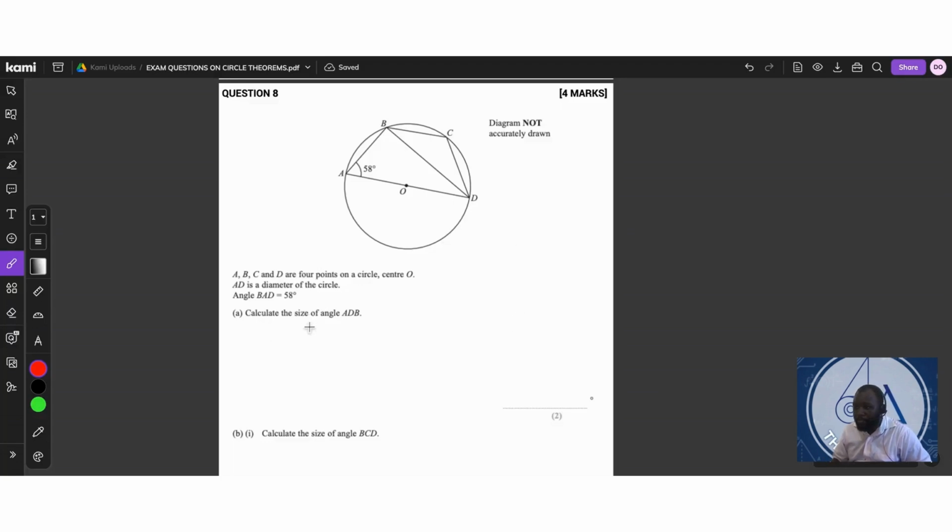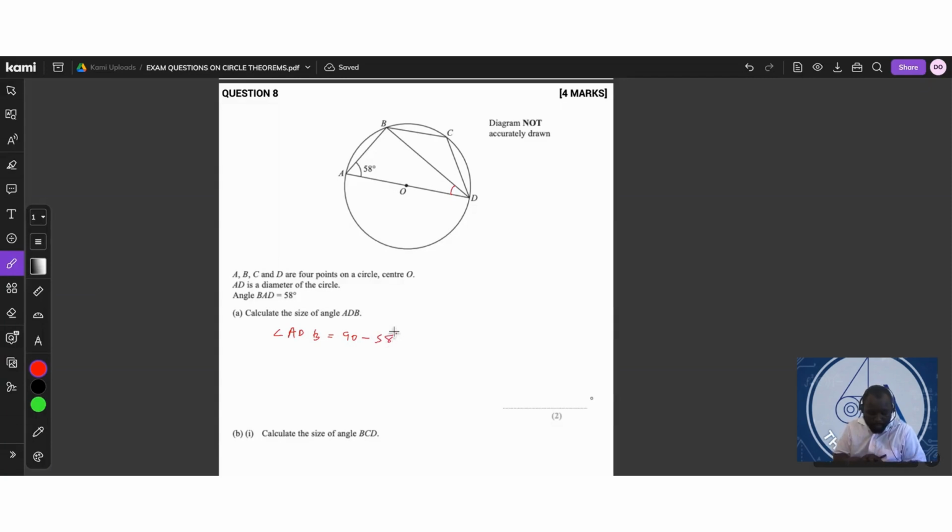Then we are told calculate the size of angle ADB. So angle ADB is this angle here. Now this is a right angled triangle. So angle ADB should be equal to 90 minus 58 degrees.